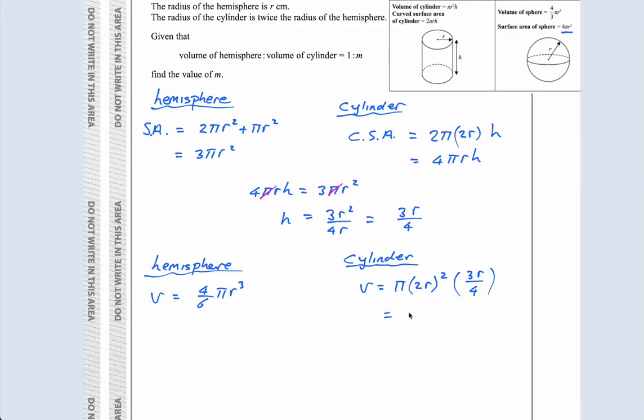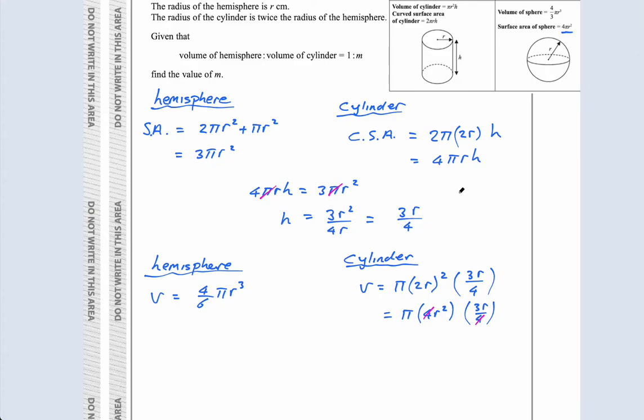This is going to be now pi times 2r times 2r is 4r squared. And this is 3r over 4. It's 4r squared because you have to square the 2 as well. The 4's cancel nicely because I'm multiplying by 4, I'm dividing by 4.